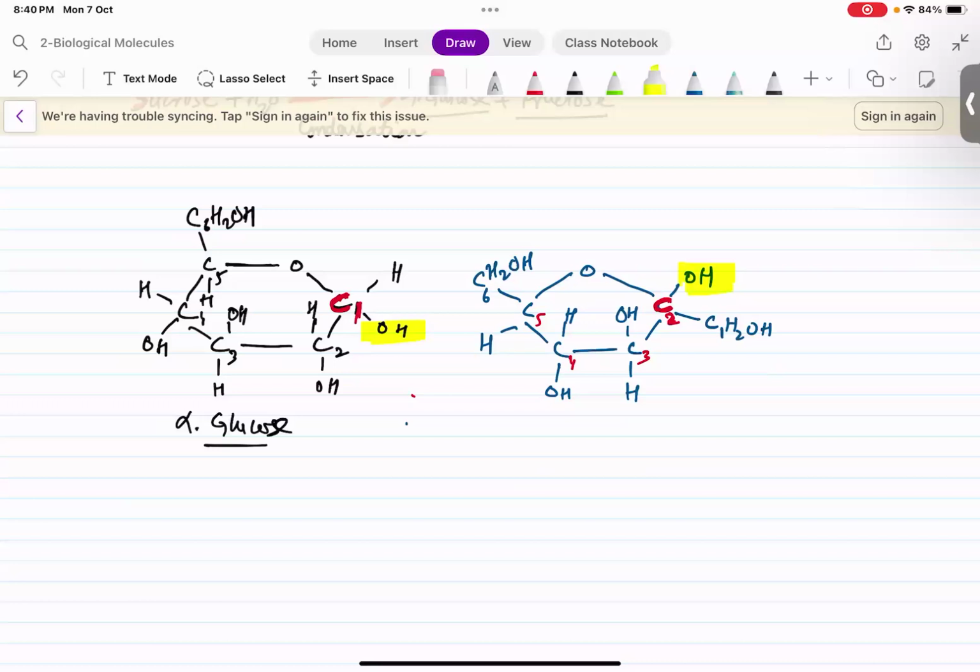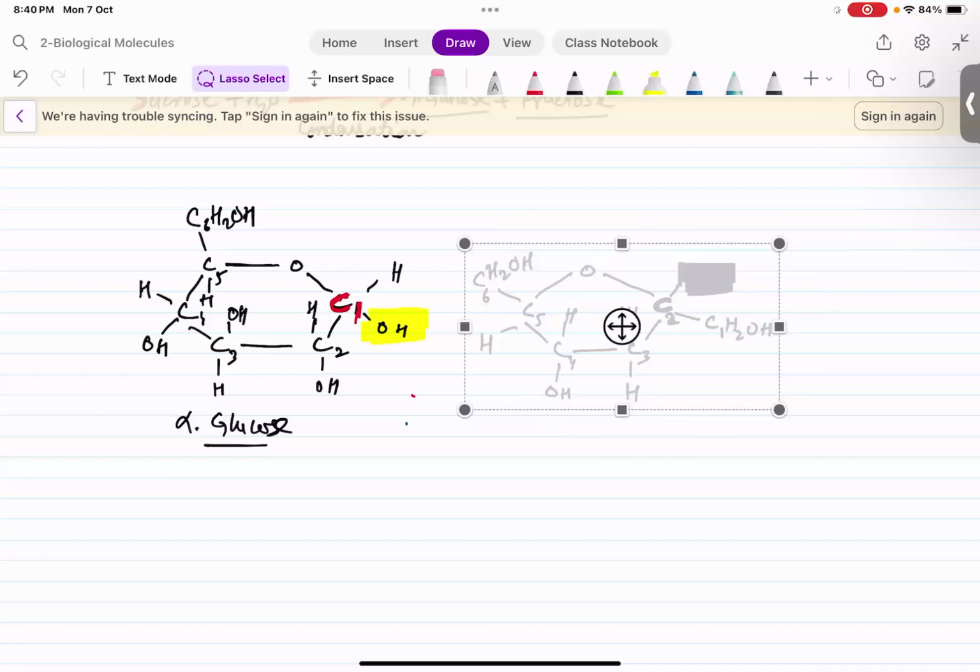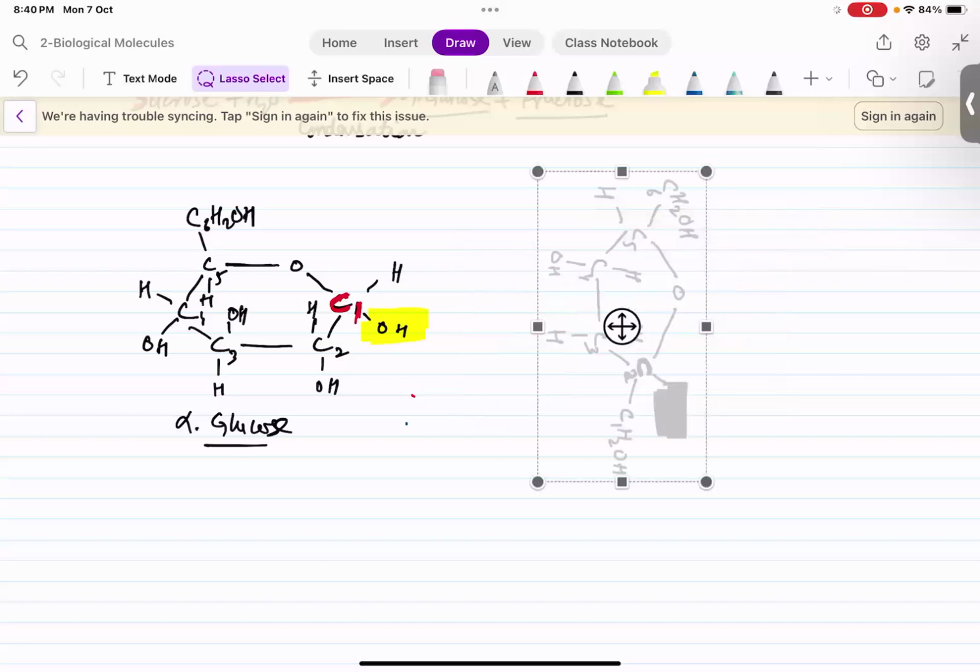Now in this case, you see they are not in the same plane. And to do so, we will have to rotate it so that we could bring them in, I guess, this way.